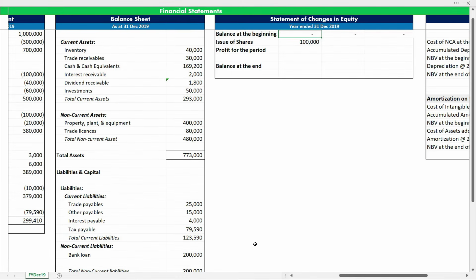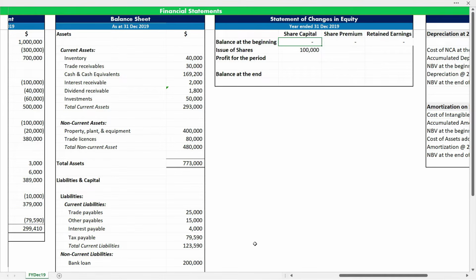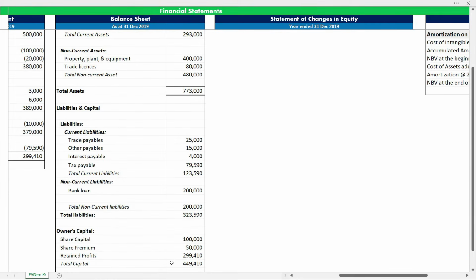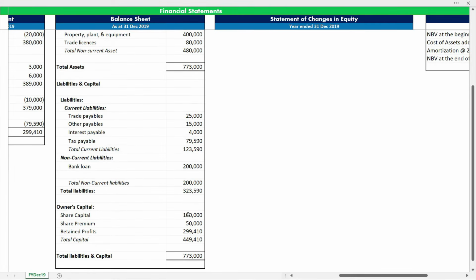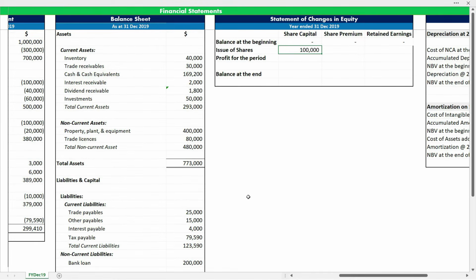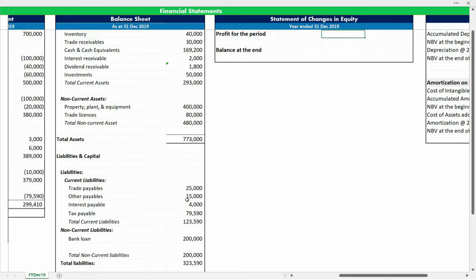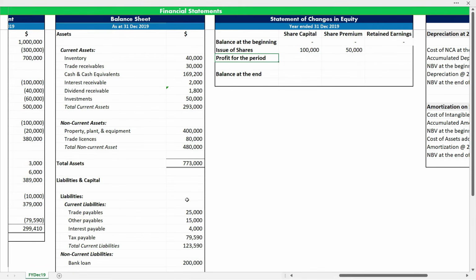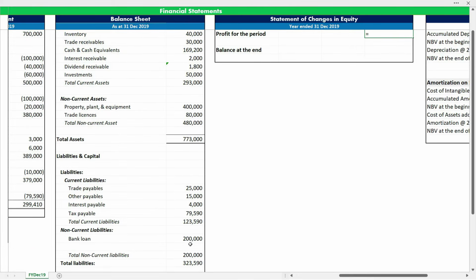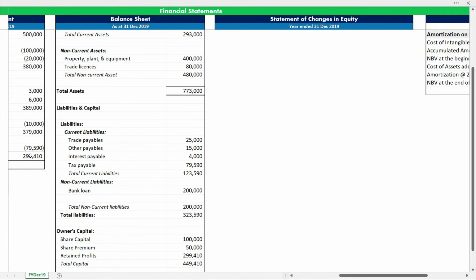Again, if the balance at the beginning was 0 and your balance sheet says there is a share capital of 100, that must be coming in this particular period. Similarly, share premium is $50,000, so I can pick up this value from the balance sheet. And then the next line is for profit for the period, which is already shown here in the retained earnings, or you can also pick that up from the profit and loss statement.